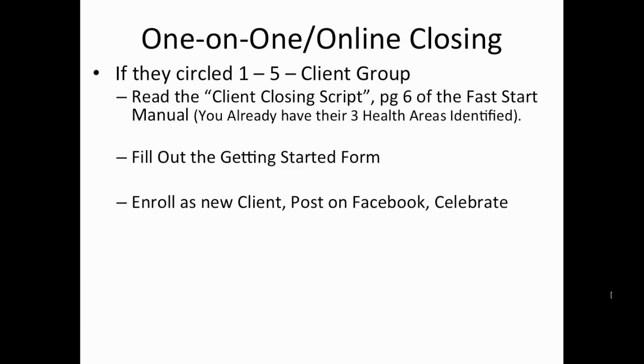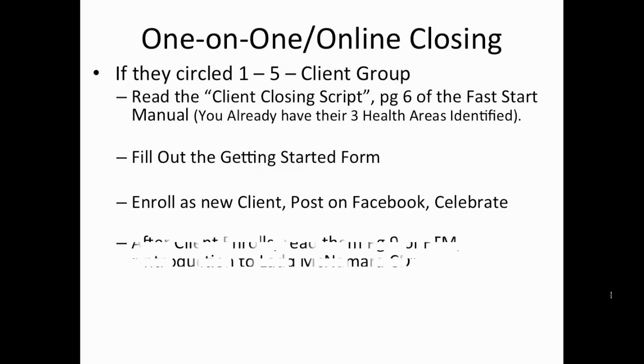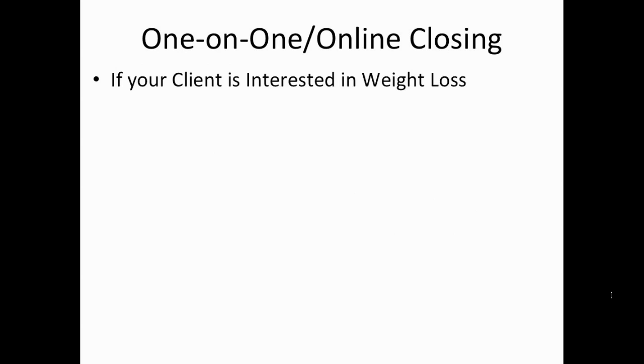Write it down on the getting started form, get all their information, enroll them as a client, post on Facebook, celebrate, and then after they enroll, turn to page 9 of the fast track manual and read the introduction to Dr. Ladd McNamara CD and give them the CD. Again, if they're in another state, it's going to take a little bit before their products get to them. So they'll be able to learn from the best. Dr. Ladd McNamara is what these products have done during his practice.